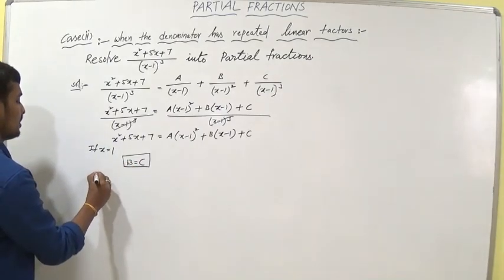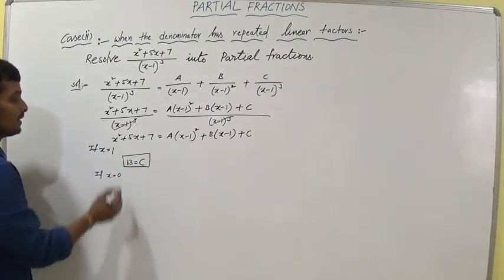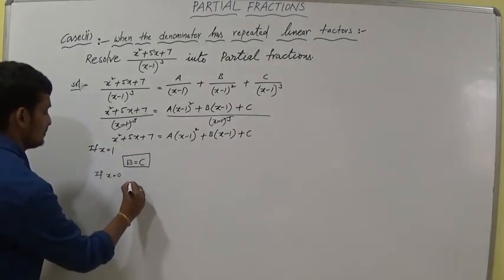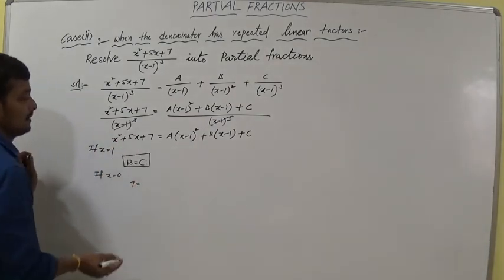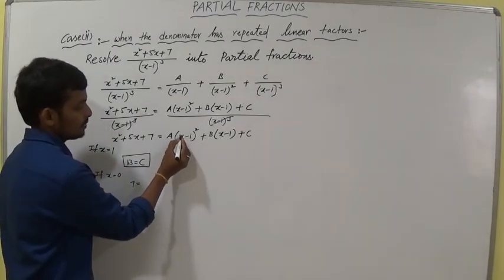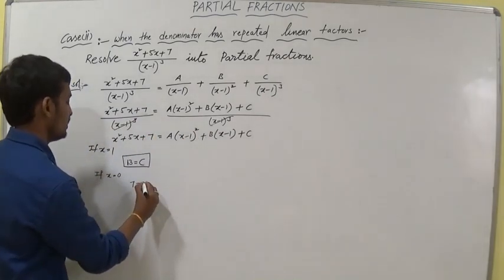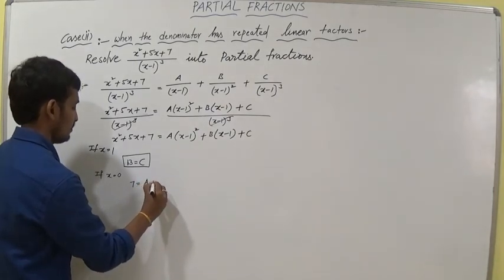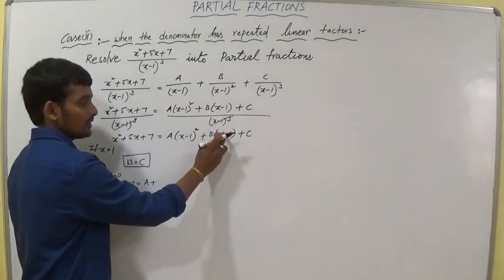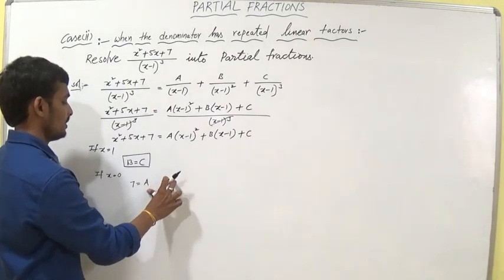that I am taking. My choice is x is equal to 0. Here x square 0 square is 0, 5 zeros are 0, 7 is now apply here. If you apply 0 here, 0 minus 1 is minus 1, minus 1 whole square is 1, into a, plus here x minus 1, x means 0, into minus 1 is minus 1, into b is minus b.